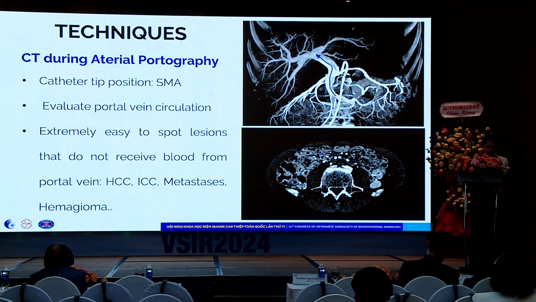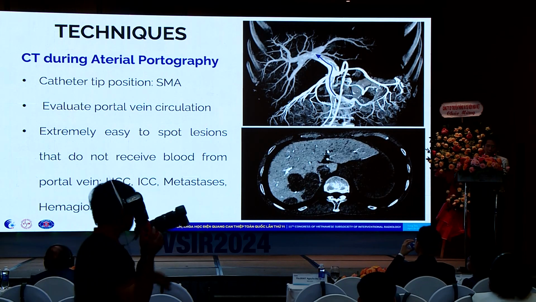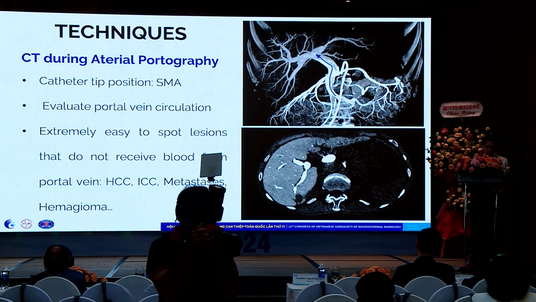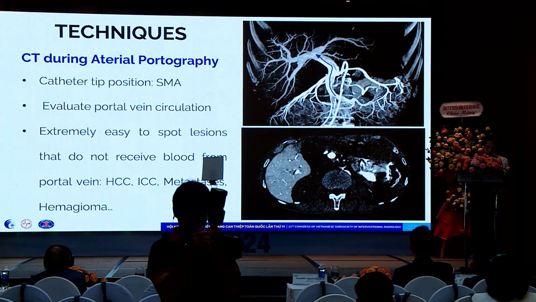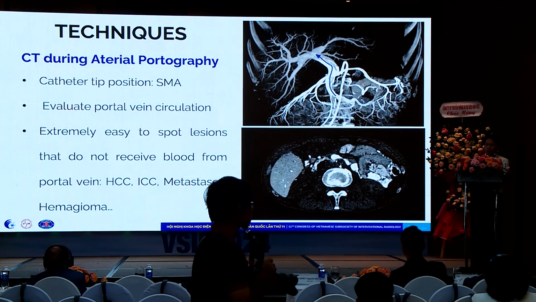So in CTAP, all the lesions that do not receive blood from the portal vein, like HCC, ICC, metastasis, or hemangioma, will be very prominent. So we can easily spot the lesion. This is one of the most sensitive modalities in clinical imaging.